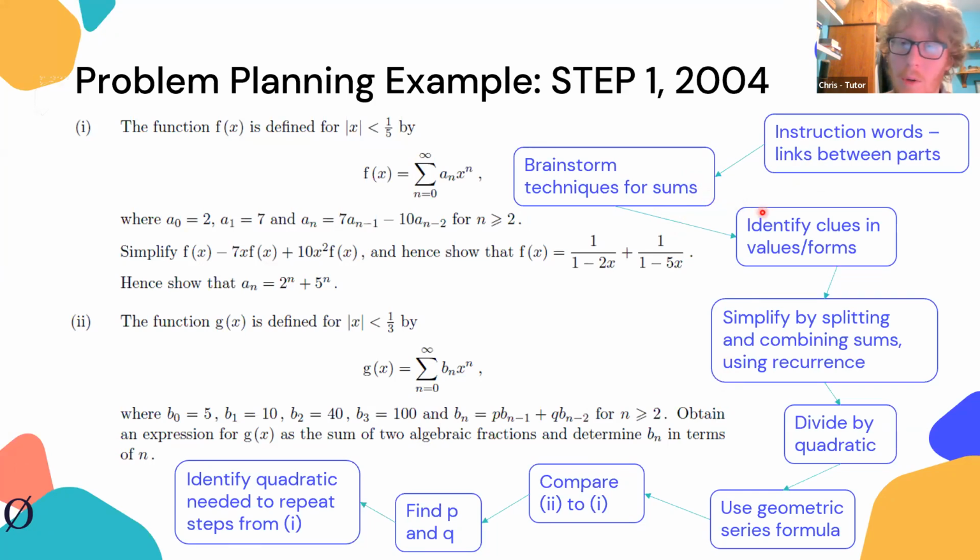Can you see any clues in the question? Can you see any links between parts? And then you can get into the details more when you actually decide to do the question and start attempting it. You don't want to plan in too much detail for every question, because that's going to waste time. But the first 3 parts are bits you can do intuitively just as you're reading the paper, once you get used to it.